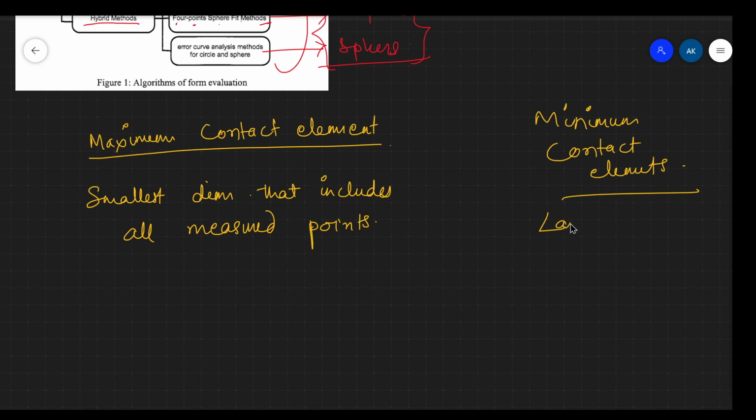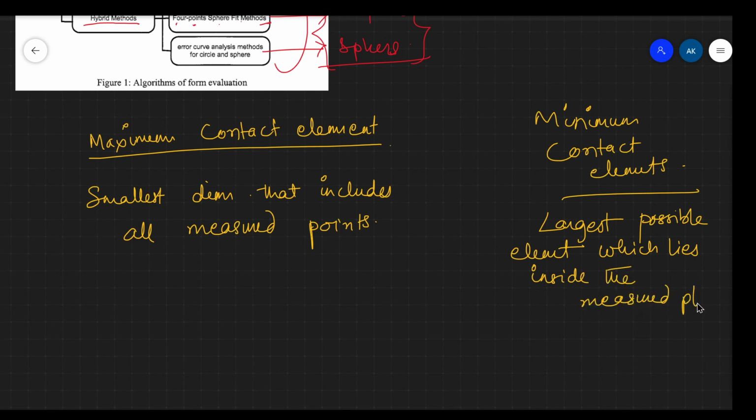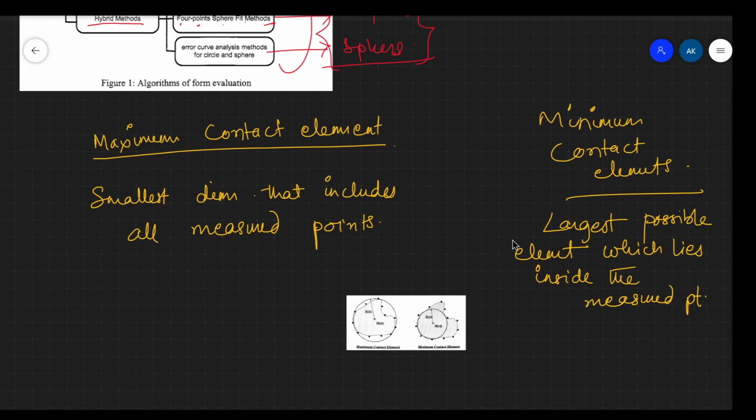And this, it takes the largest possible element which lies inside the measured points. Let me show you the diagram, because these two methods are commonly used for your shafts and holes. It is a very common method to do so. So the chances of this being asked is high.